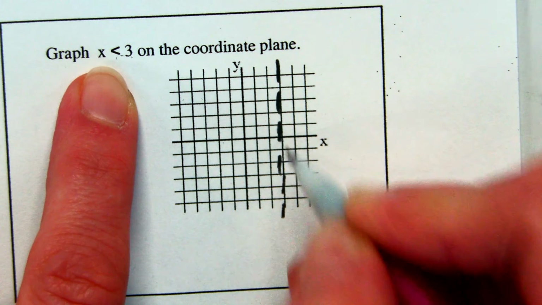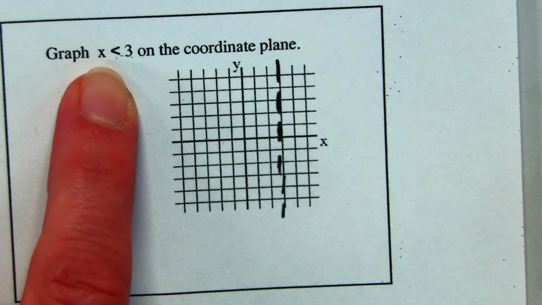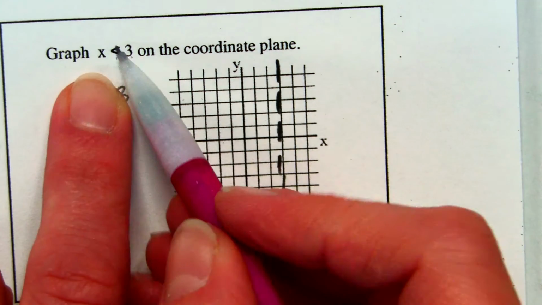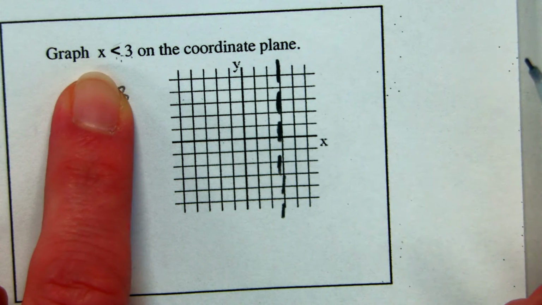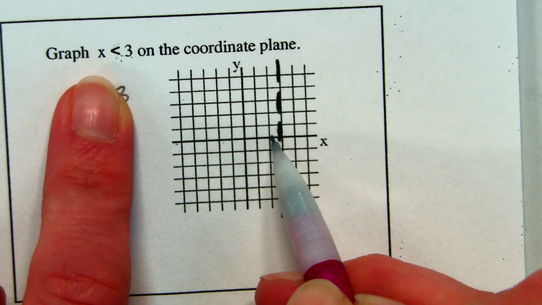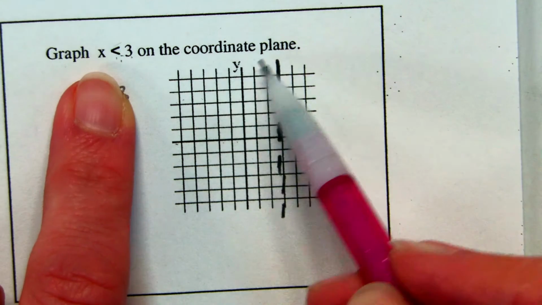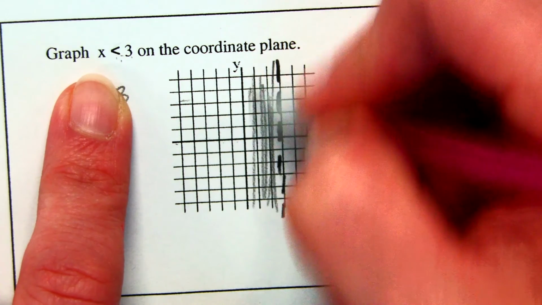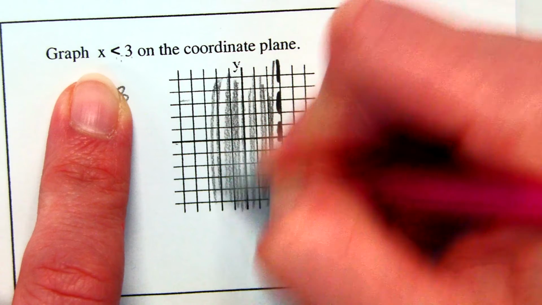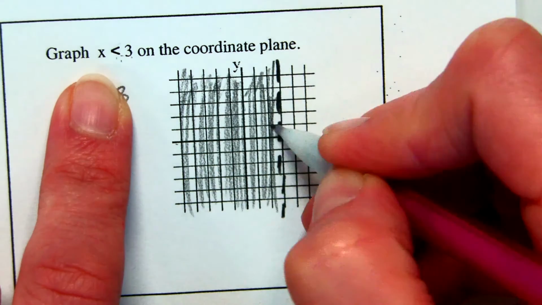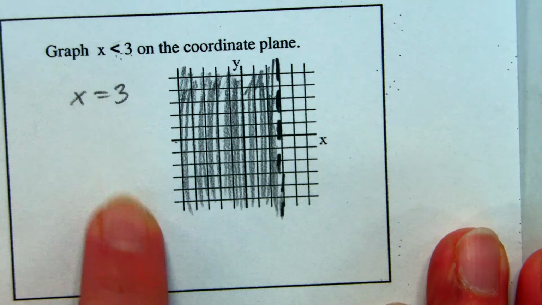And this is the one time when I can't use up or down because it's an up and down line. So less than, any numbers that are less than 3, if we just think about the x-axis, would be like 2, 1, 0. Those are numbers that are going to be less than 3, and so we're going to shade the left-hand side.